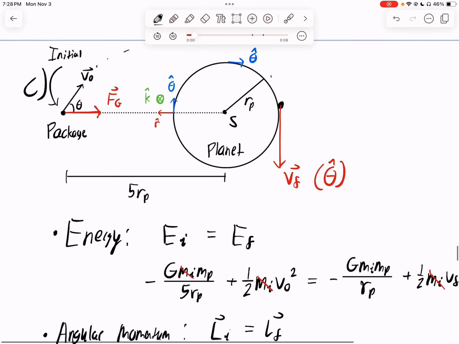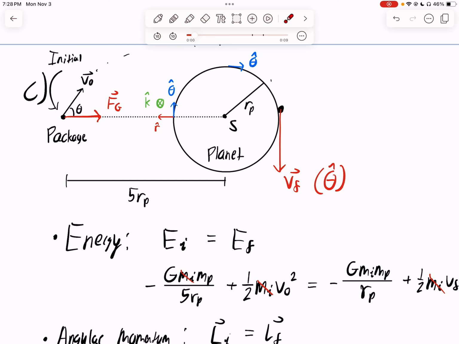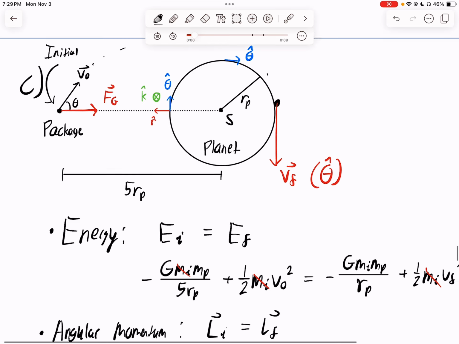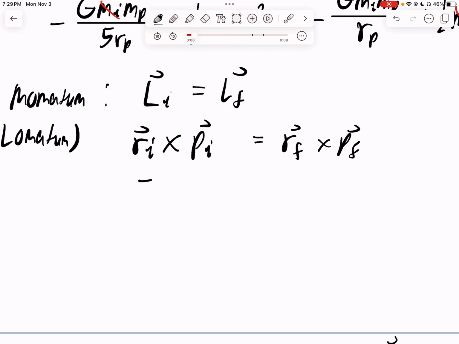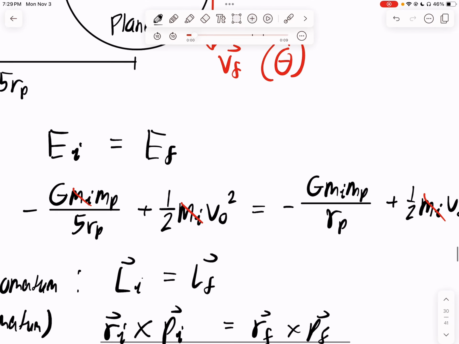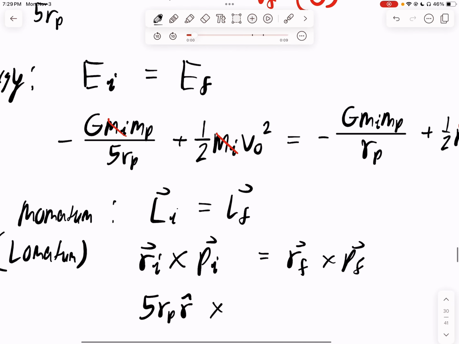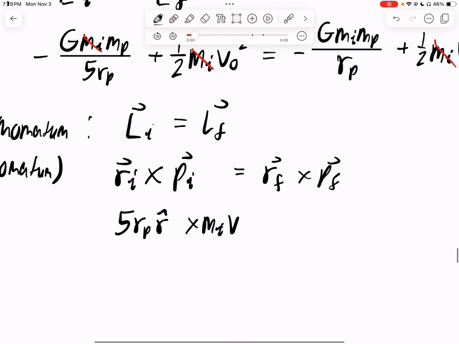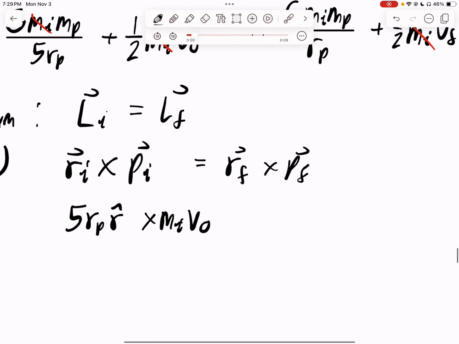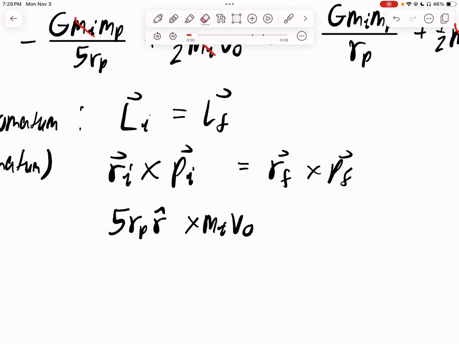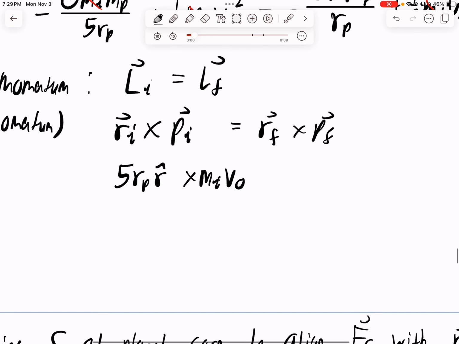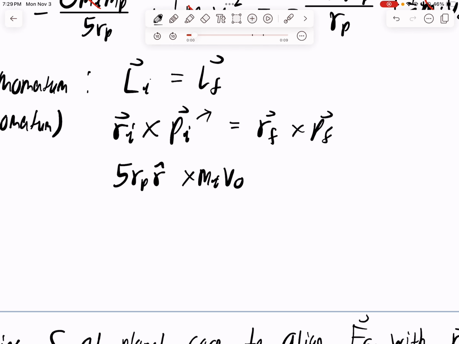If we expand these two out in this coordinate system, the displacement vector from the pivot is 5 R_p r hat, crossed with m_i v naught. Since this is a cross product, I'm going to rewrite this by isolating the perpendicular component, since only the perpendicular components of these two vectors actually interact with one another.